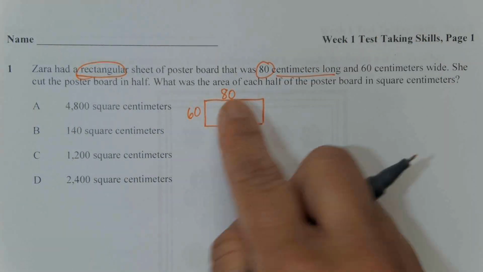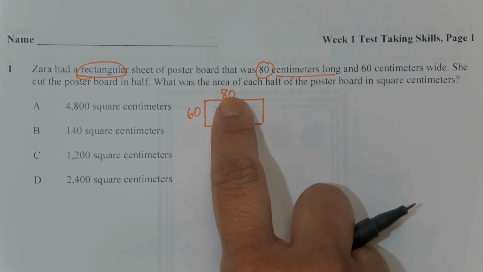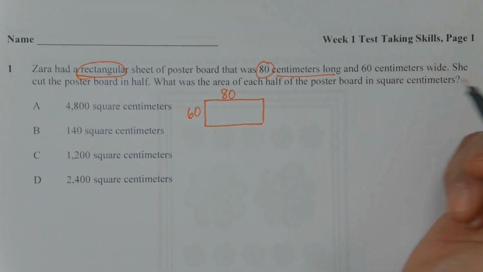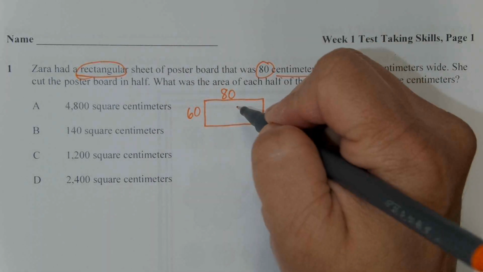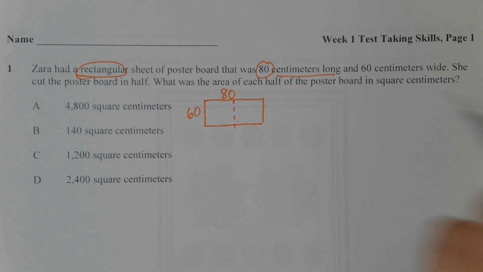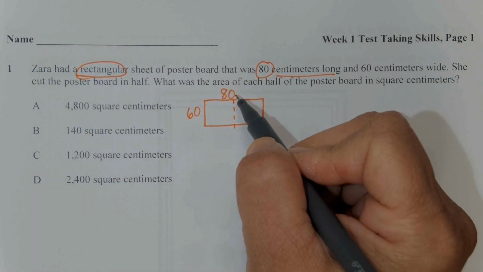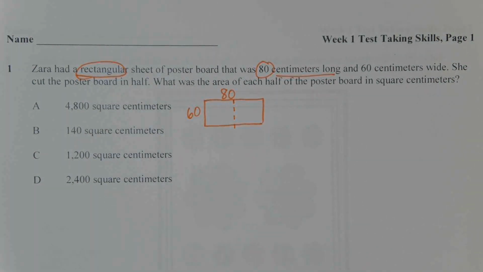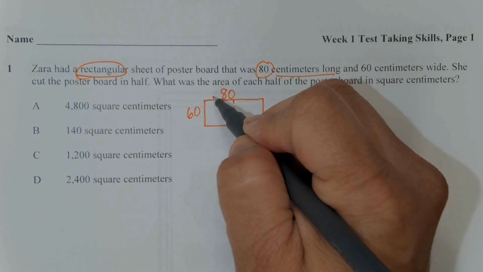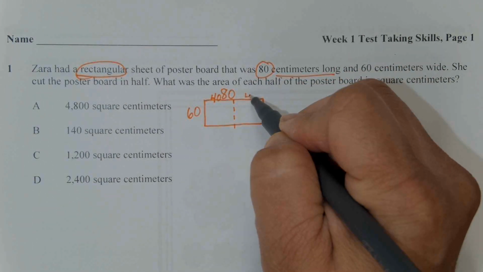So we can cut the poster board either vertical or horizontal, only one way. What was the area of each half? Okay, so if I cut my poster board in half, then I have to cut this number in half. What is half of 80? Well, half of 80 is 40. So it means that this is 40 and this one is 40.